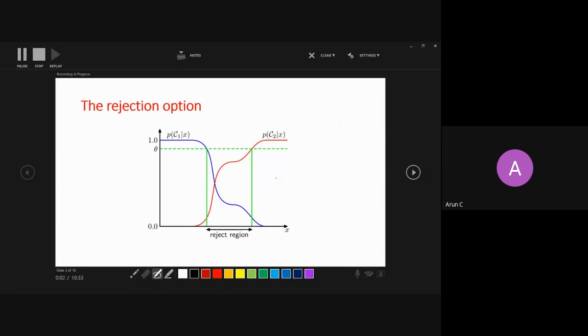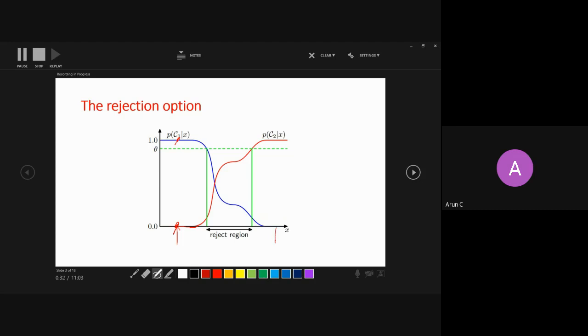Okay, so another case is the rejection option. Let's say you want to do some classification, and for some x, either you get a very high probability for one class, or a very low probability for the other class. For example, for this red class, the probability is 0 in this region. For C1 the probability is 1, and for C2 the probability is 0 for this particular x.